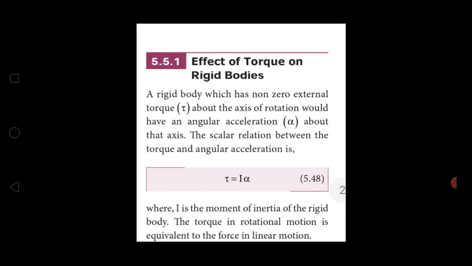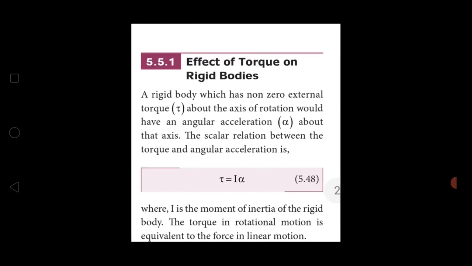Here I is the moment of inertia of the rigid body, and the torque in rotational motion is equivalent to the force in linear motion. This is the effect of torque on rigid bodies.